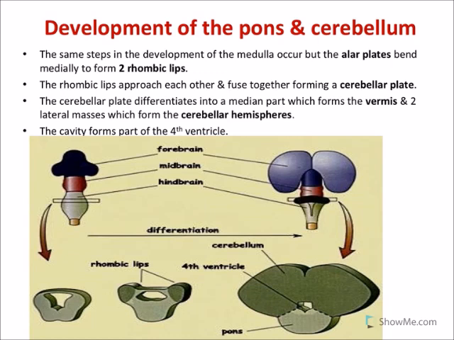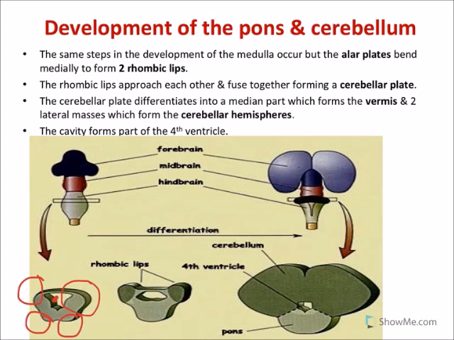So we have two alar plates lying dorsally, and the basal plates lying ventrally, and the central canal cavity, which will later develop into the cavity of the fourth ventricle.